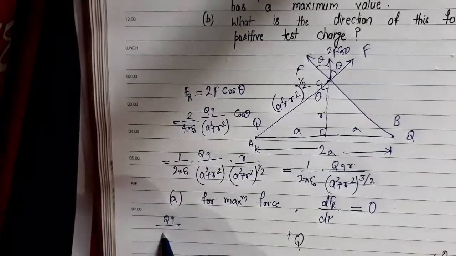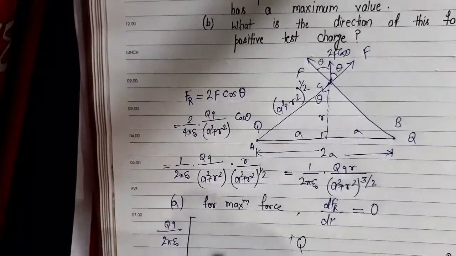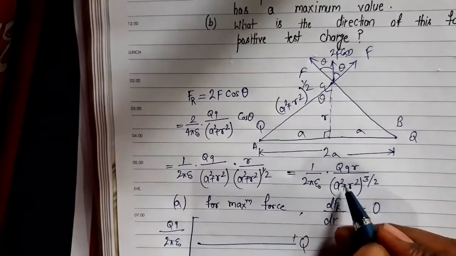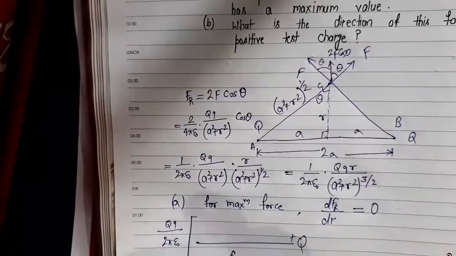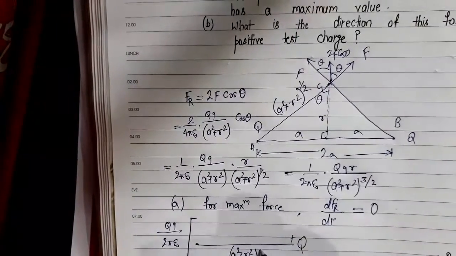QQ and 2 pi epsilon naught are constant, so we differentiate the remaining part.